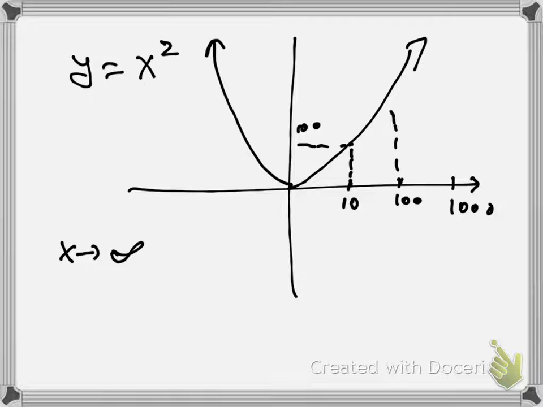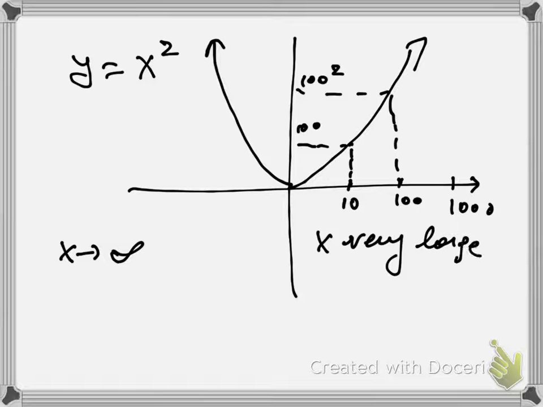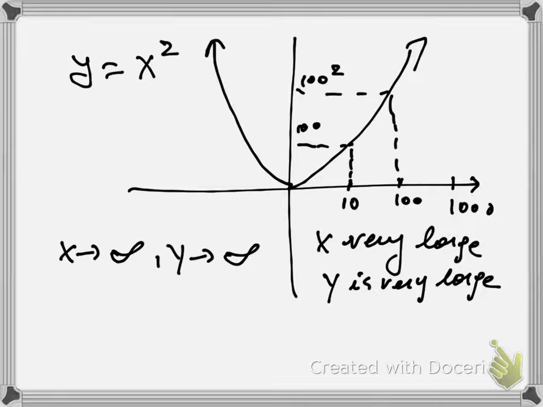When x is 100, y is 100 squared, and so on. So we see that when we make x very large, y is very large. So y increases without boundaries, so y goes to infinity. And we see it from the arrows as well. X goes this way, y goes this way.